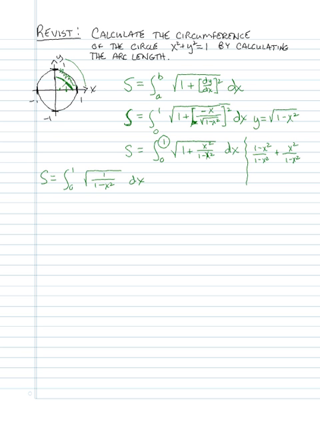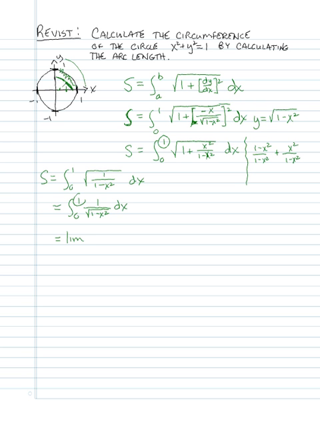Well, then furthermore, we can simplify the square root of 1 over 1 minus x squared as 1 over the square root of 1 minus x squared. Now, again, this is an improper integral because, of course, the integrand is undefined at the x value of 1. So we have to set this up as a limit.